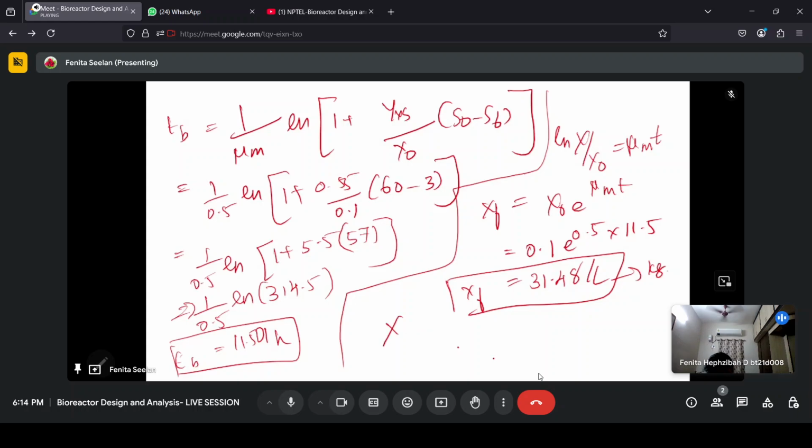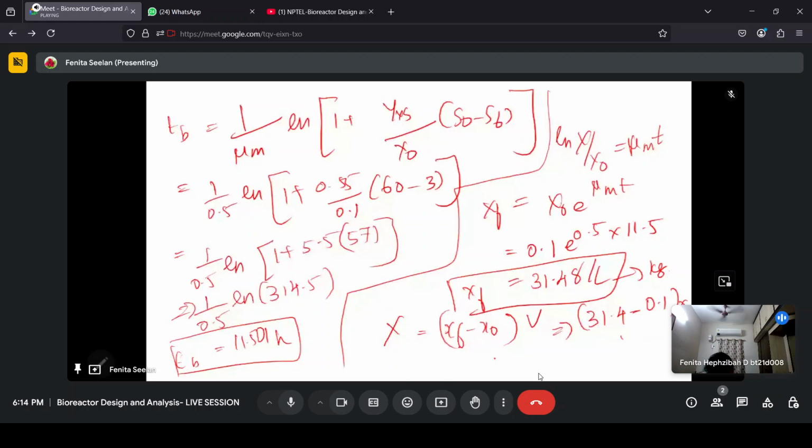So how do we do that? We have to subtract the initial inoculum and multiply it by volume. So 31.4 minus 0.1, into what is the volume? Volume is 1200 meter cube.